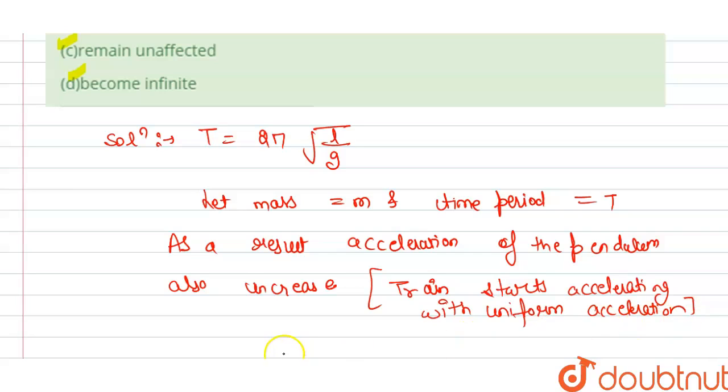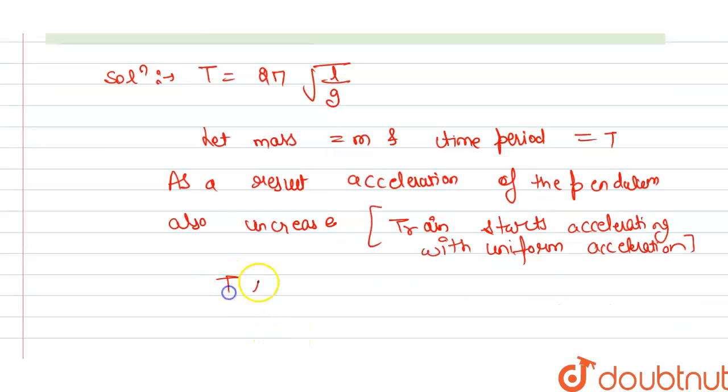So from this we can write that the time period is inversely proportional to the square root of g squared plus a squared, that is, the acceleration due to gravity and the acceleration of the train.